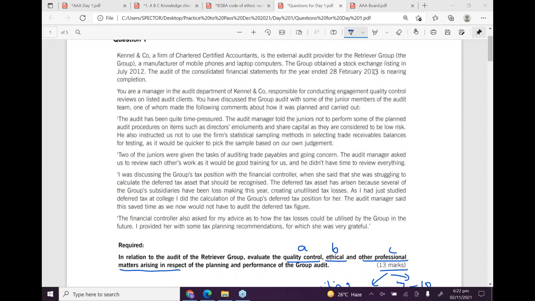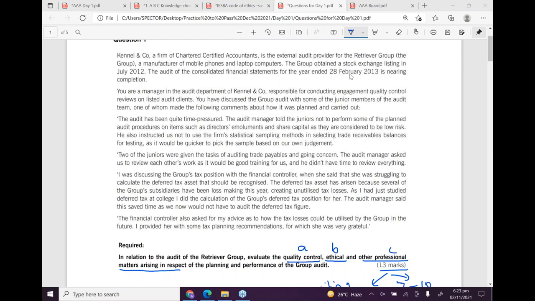Salva, very well done. Perfect answer. Time pressure will affect the quality of the audit because they might overlook important areas. That's 1 out of 13. Zuhur, no, I won't give you marks for the way you worded this. It's too generic.